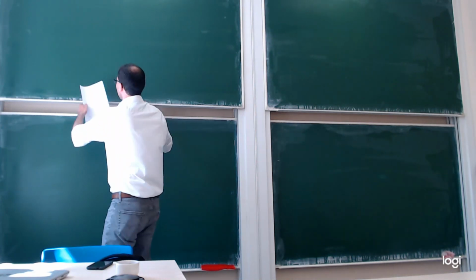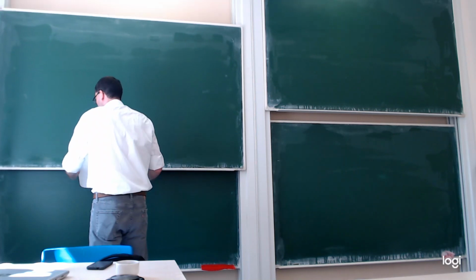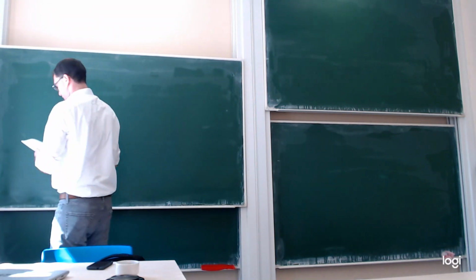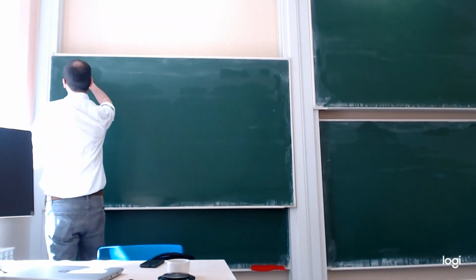All right, so section 2 is twisted generalized complex structures.